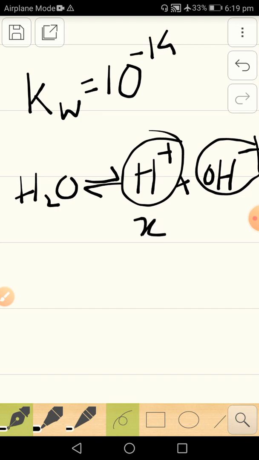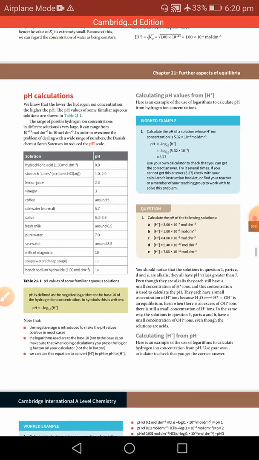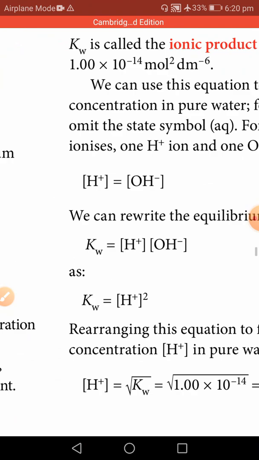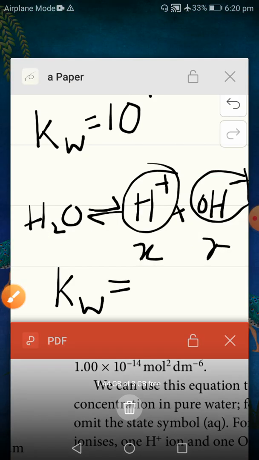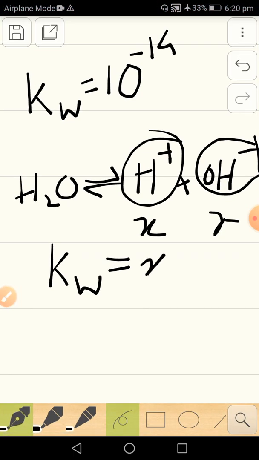Consider that the amount of hydrogen ion is x, so the amount of hydroxide ion would also be x. So what would be Kw? We studied that Kw is equal to concentration of hydrogen ion multiplied by concentration of hydroxide ion, and in this case we are considering both to be x. So Kw would be x into x, which gives x square.